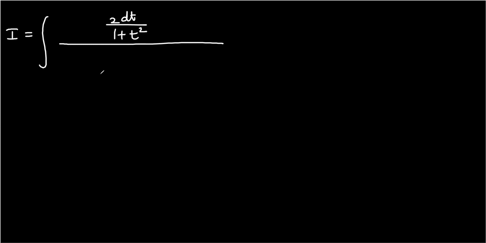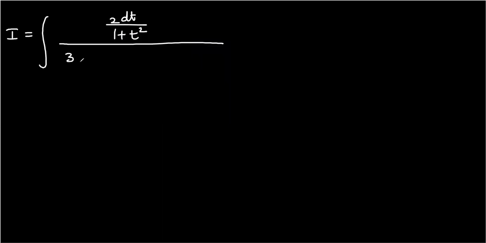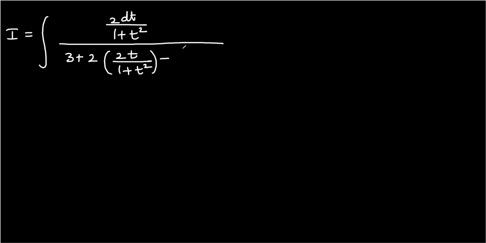Then we have in the denominator 3 plus 2 sin x. So I will write 3 plus 2, and sin x is 2t upon 1 plus t square minus cos x. So we write minus, and cos x is 1 minus t square upon 1 plus t square.